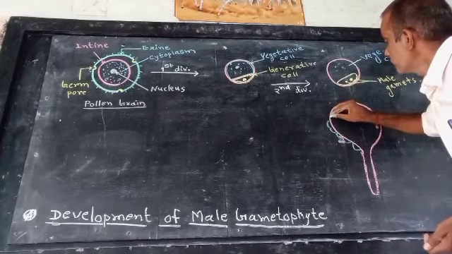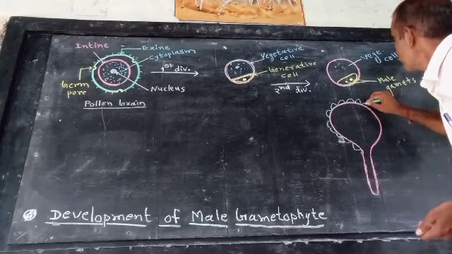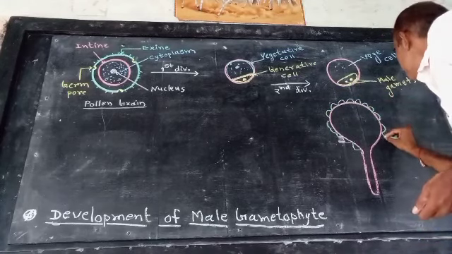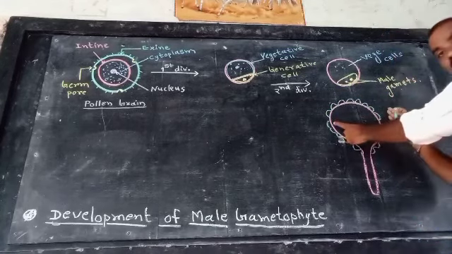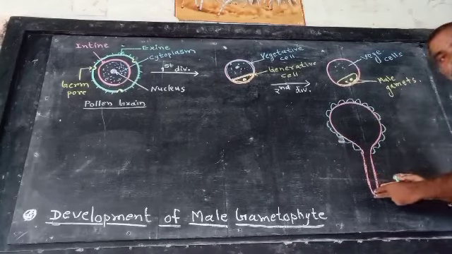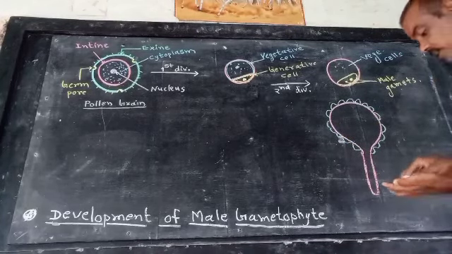Through the germ pore, the intine comes out, and it forms the structure, a pollen grain having a pollen tube.